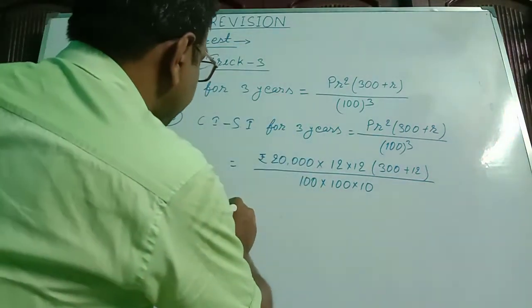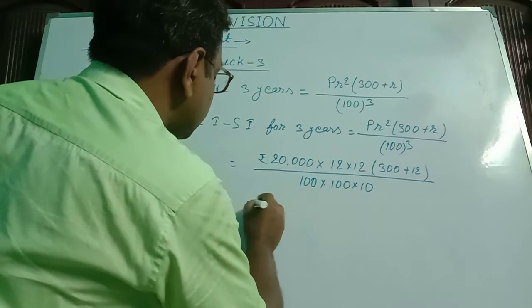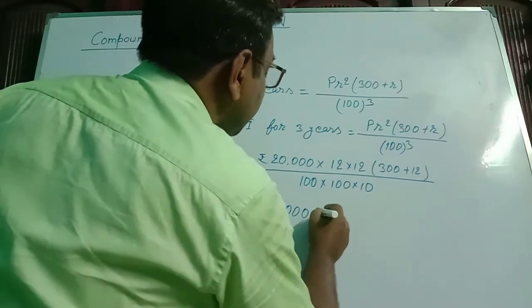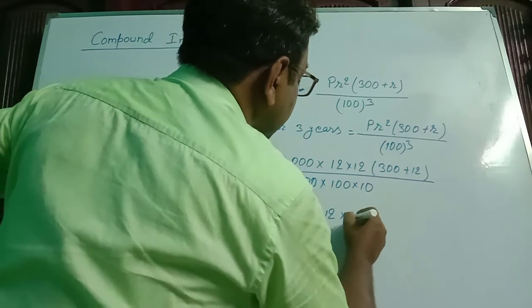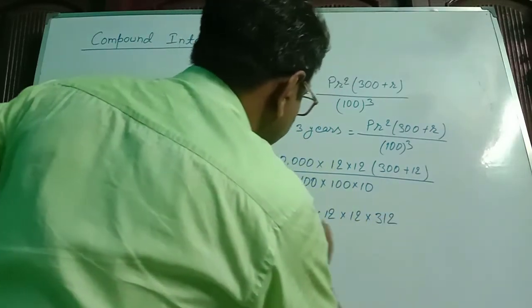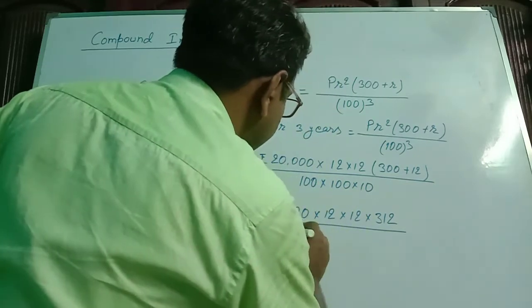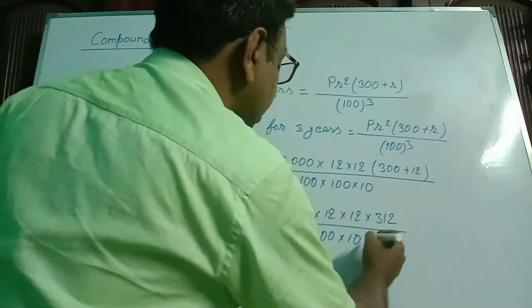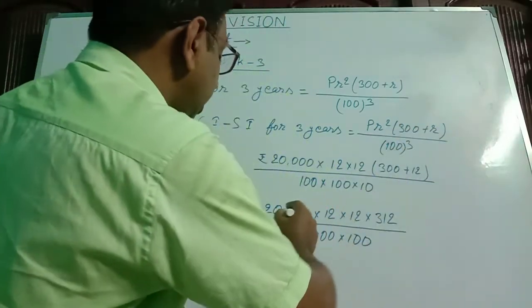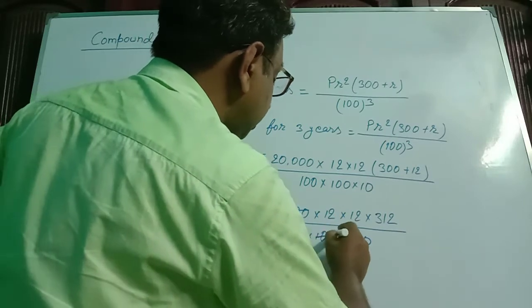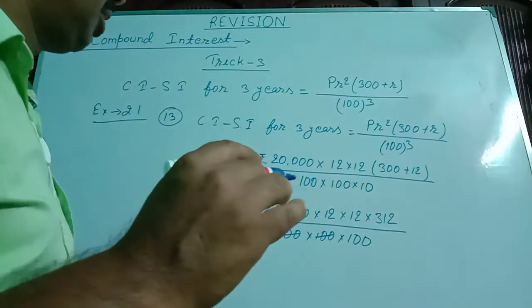Let us see, follow it. Rupees 20,000 into 12 into 12 into 312 by 100 into 100 into 100 equals how much? Here are 4 zeros, we cut this double zero, 4 zeros are cut already.